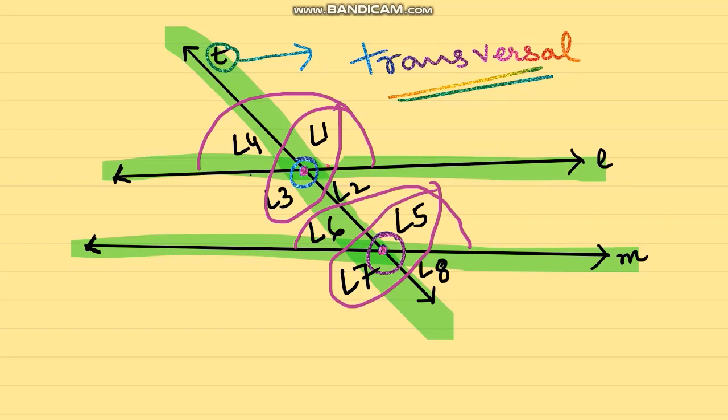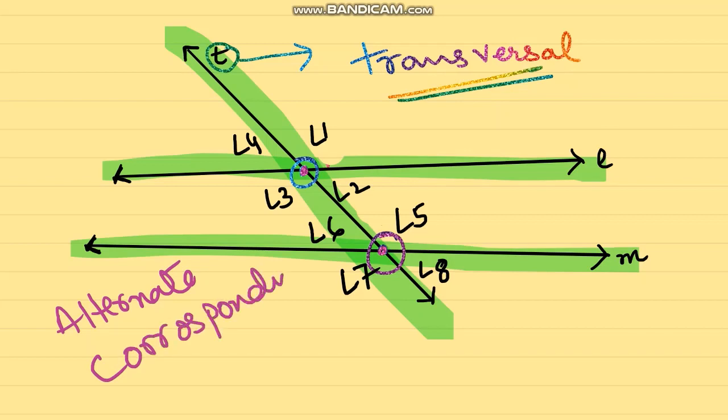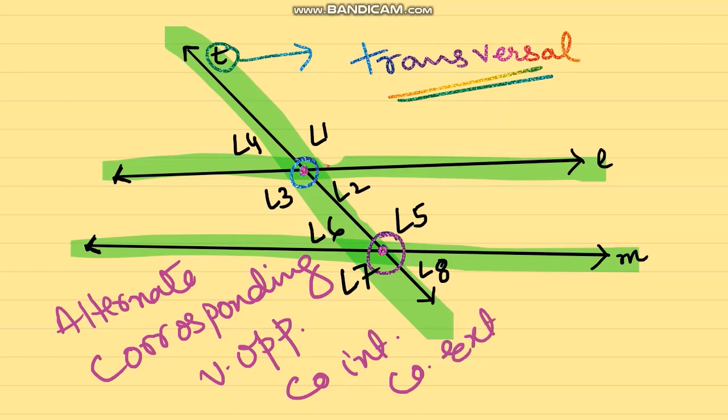This way, children, you have to remember all the different angles which are formed when two lines are intersected by a transversal. Alternate angles, corresponding angles, vertically opposite angles, co-interior angles, co-exterior angles, and linear pair.